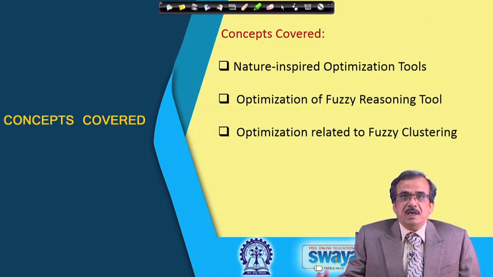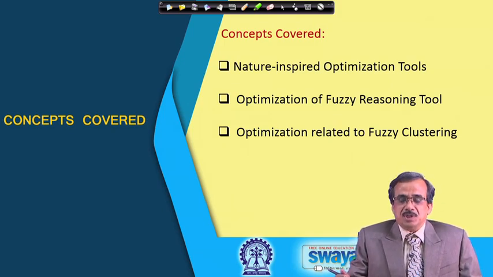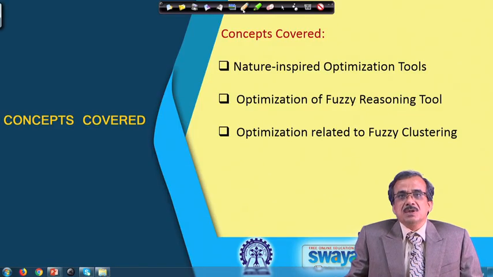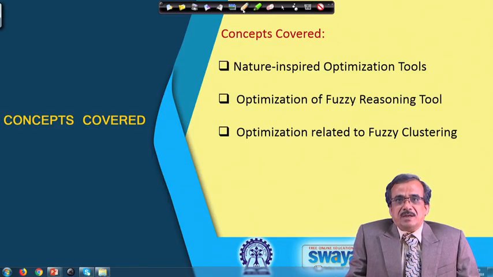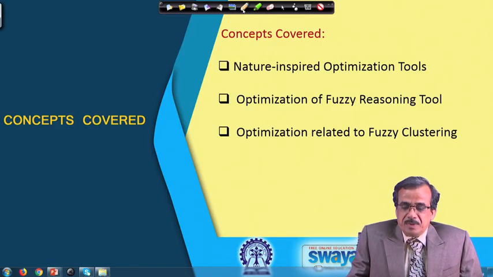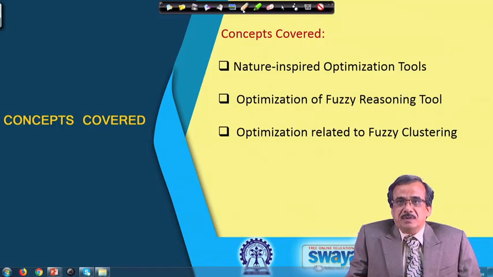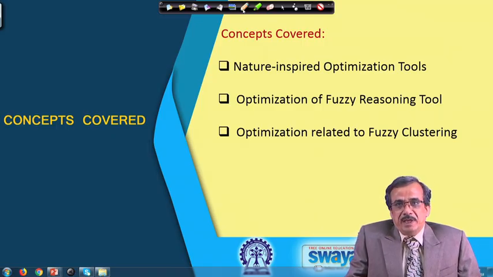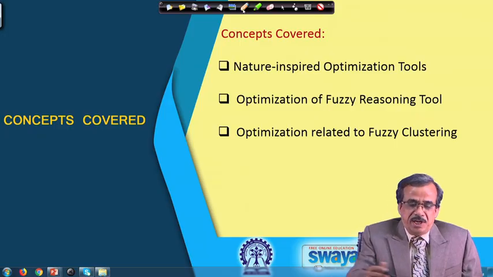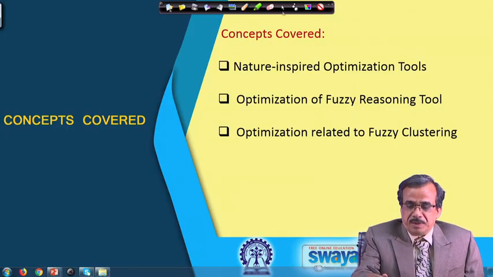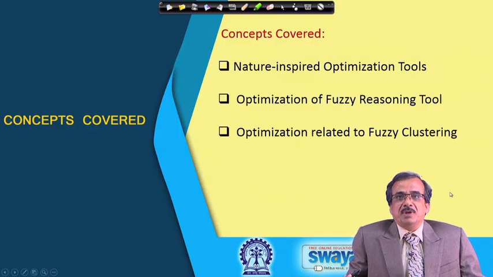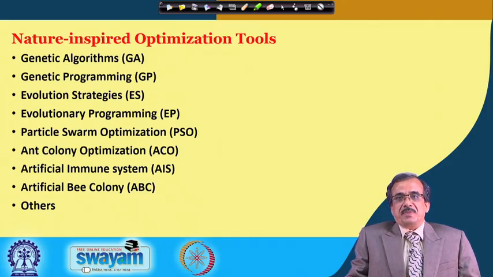At first, I will give a brief introduction to the nature inspired optimization tools, and after that I will concentrate on how to optimize the fuzzy reasoning tool, and at the end we will deal with optimization related to fuzzy clustering.